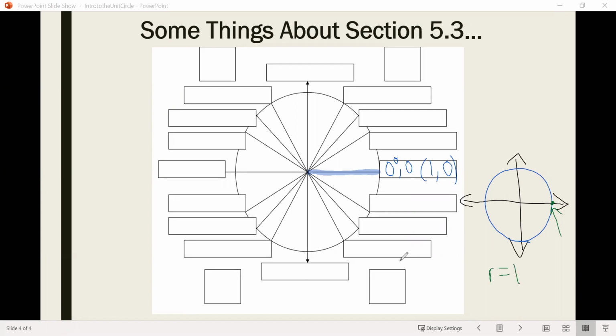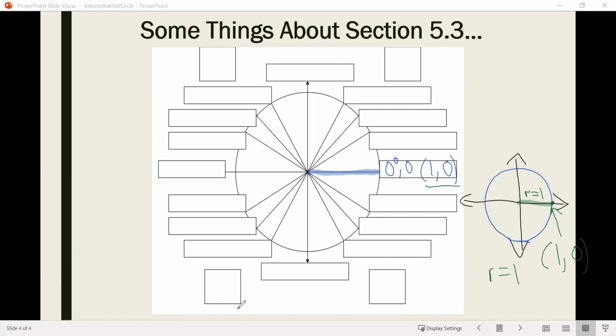So we know the distance from the center out to that point is going to be the length of the radius. That's going to be 1, which means on the horizontal axis we've gone over 1 unit, which tells us that the input value, the x value, will be 1. And then notice we haven't gone up or down at all, so we know that the y value or output value there is 0. So that's where this (1, 0) comes from for 0 degrees or 0 radians. Okay.